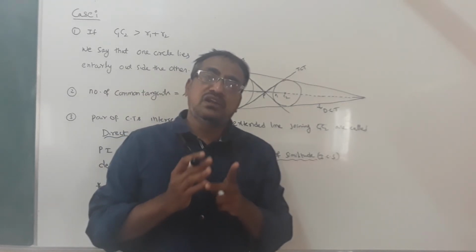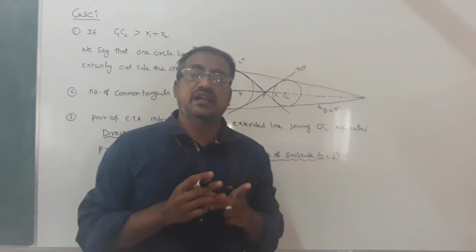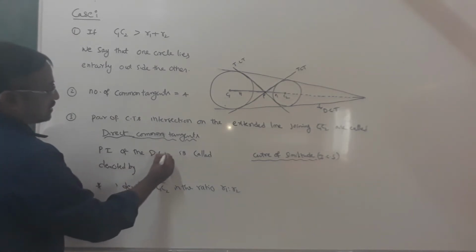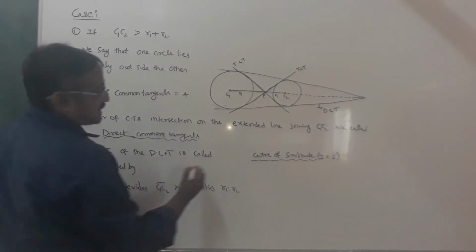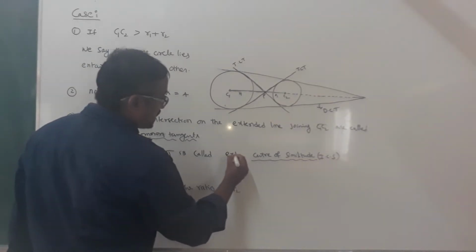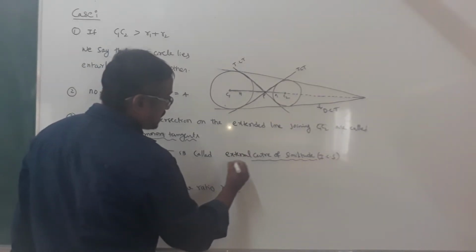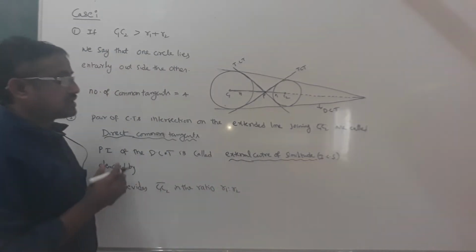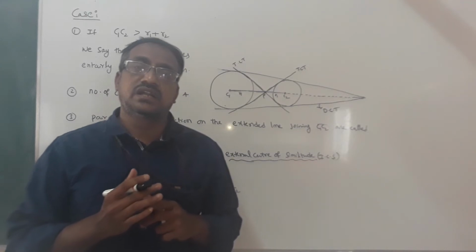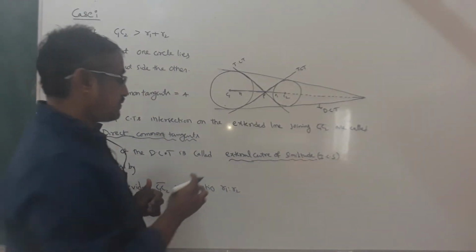Now the point of intersection of direct common tangents is called the external center of similitude.